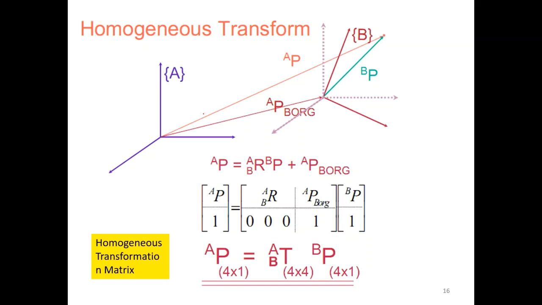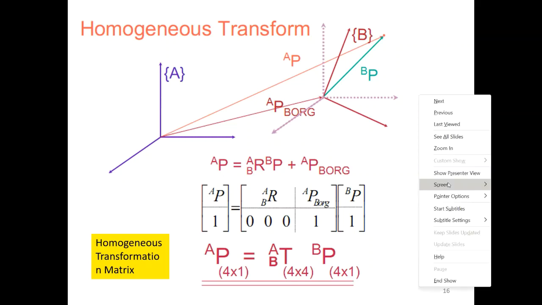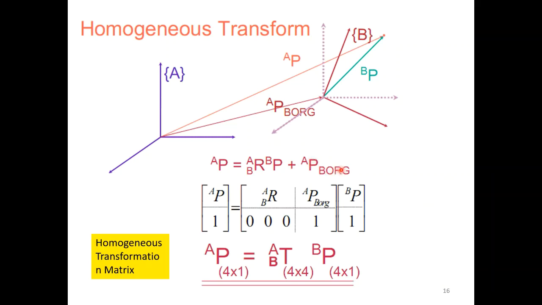Now we have put things together. If you look at the equation right-hand side, you can see the developing situation. APBORG is already referred to A, and BP is transformed or redescribed with respect to A, and now you can add them together.